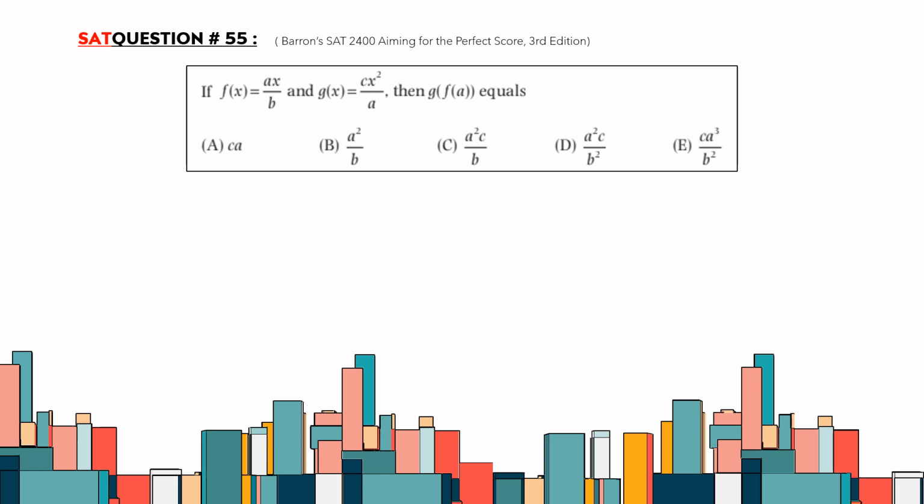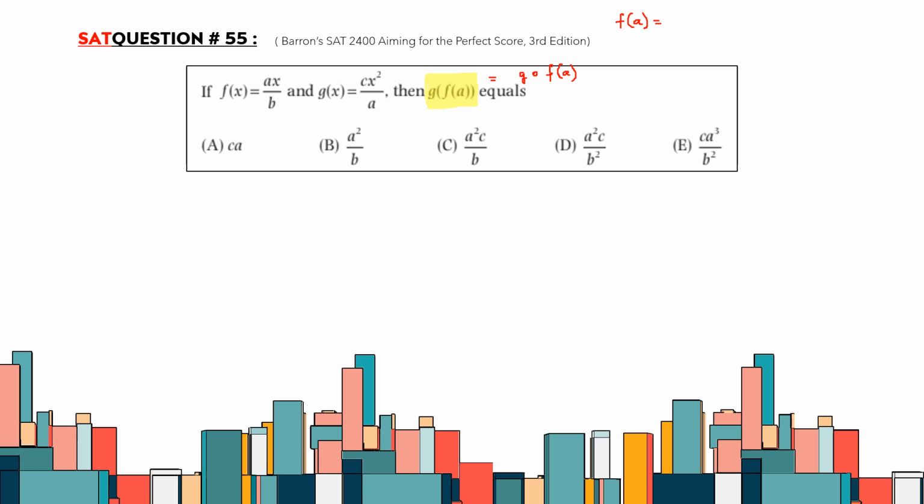So let's review compositions. G of f of a means you need to find what f of a is first.